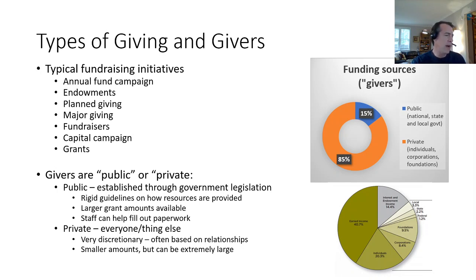Looking at this graph of where revenue comes from, which we have looked at periodically throughout this course, at the breakdown between public and private sources, about 15% of the average budget is coming from public sources, whereas 85% of that contributed income is from private.